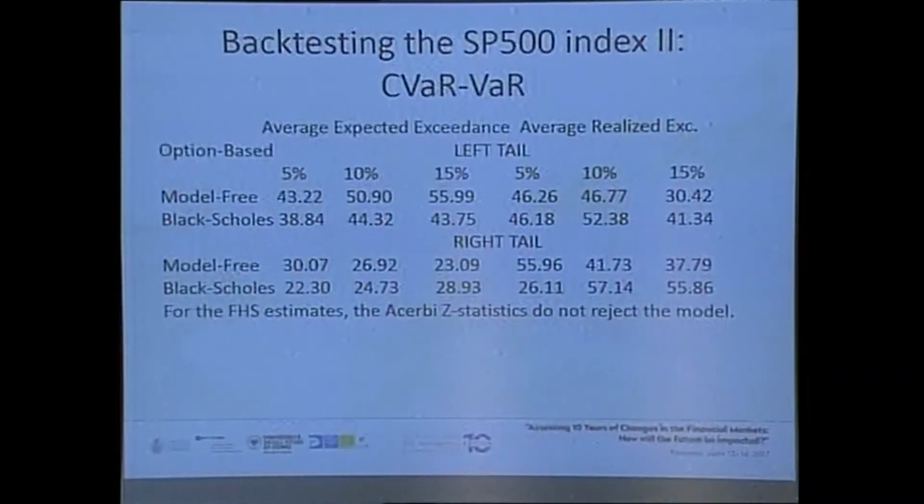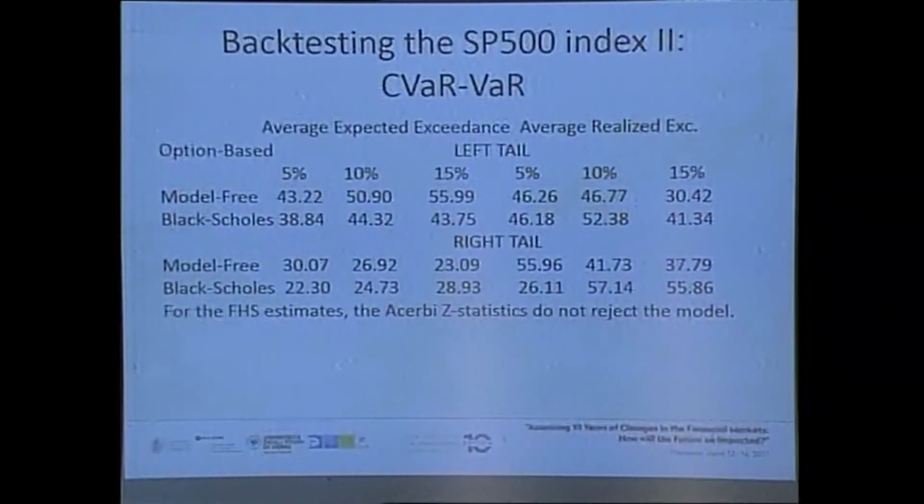positions. And we find that model 3 consistently reports an average expected exceedance which is above Black-Scholes. If you look at the realized exceedances, of course we're talking of very small numbers, because we said they were about 2/3, so at 10% we expect 12 exceedances, we got about 8.